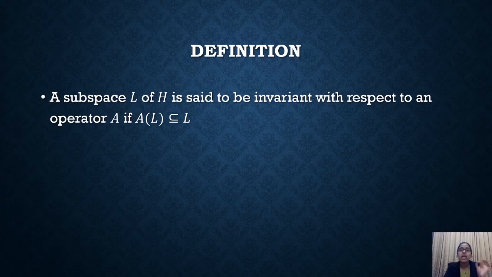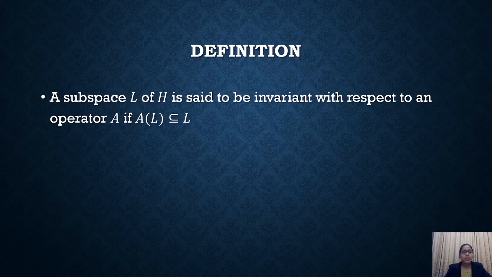So a subspace is said to be invariant with respect to an operator A if A of L is contained in L itself. That is, whenever that operator acts on elements in the subspace, the result will again be an element in the subspace L itself. So that is what is meant by invariant subspace.